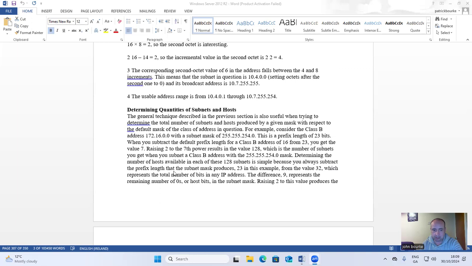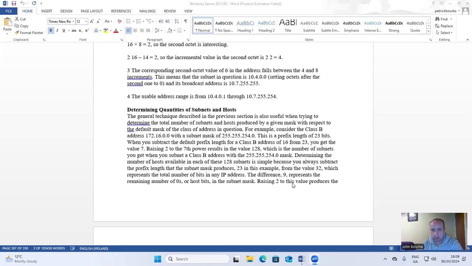Determining the number of hosts available in each of these 128 subnets is simple because you always subtract the prefix length that the subnet mask produces, 23 in this example, from the value 32, which represents the total number of bits in any IP address. The difference, 9, represents the remaining number of zeros or host bits in the subnet mask.